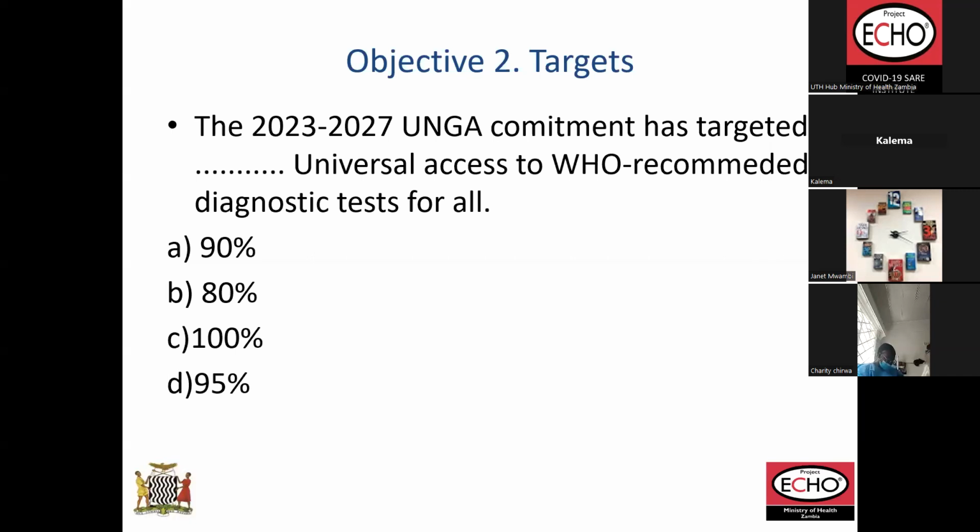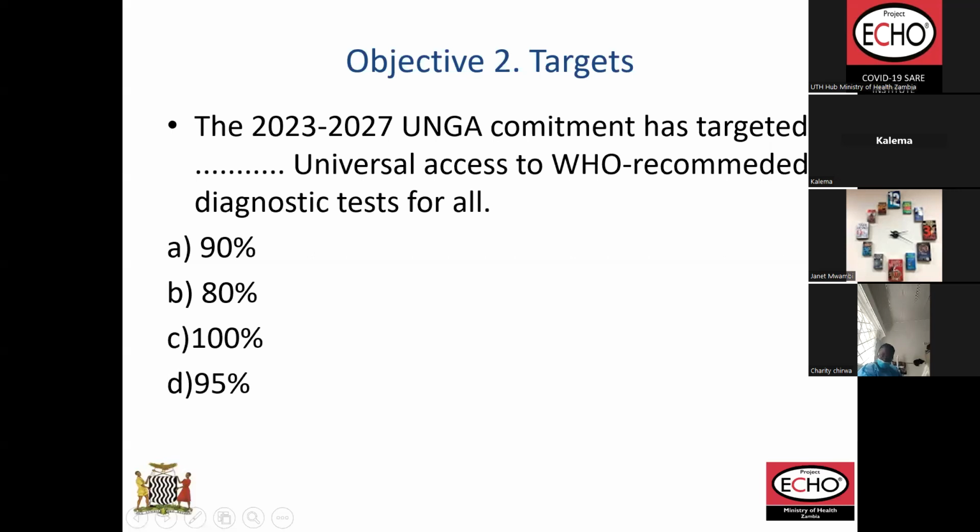So as we are waiting for the poll question, we can digest the question. The 2023 to 2027 UNGA commitment has targeted what percentage of universal access to WHO recommended diagnostic tests for all? Is it A, 90%? Is it B, 80%? Is it C, 100%?